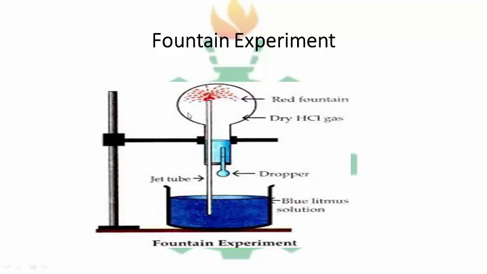The reason why the fountain water turns red is because the hydrogen chloride gas, upon reacting with water molecules here, turns the blue litmus solution red, which is the property of acid turning blue litmus solution red, as we said before in the properties of hydrogen chloride gas.